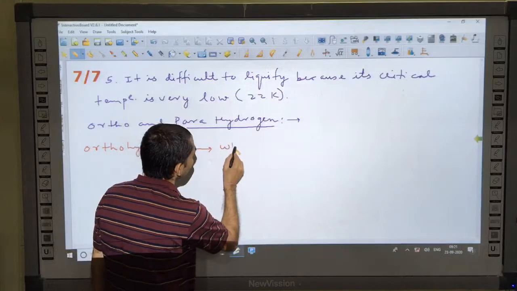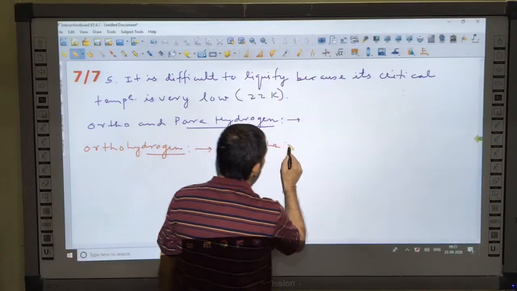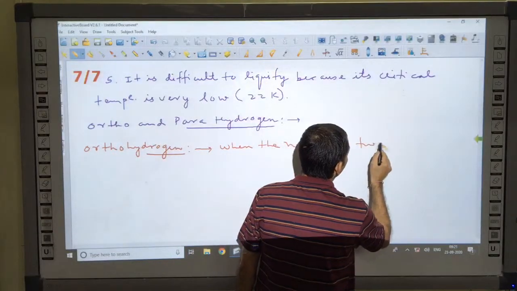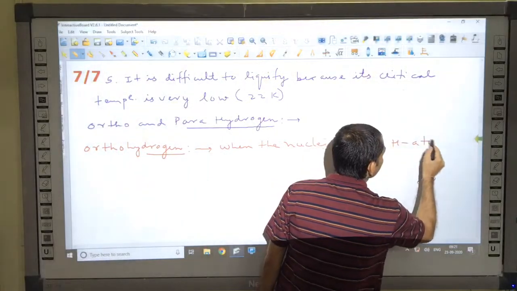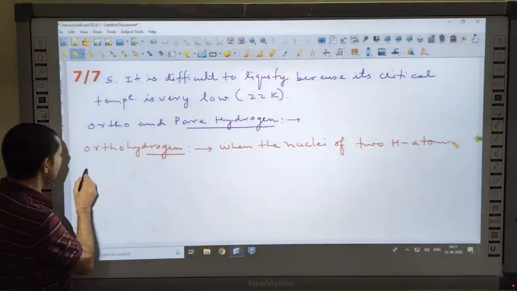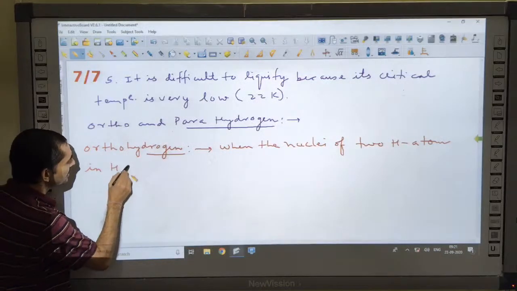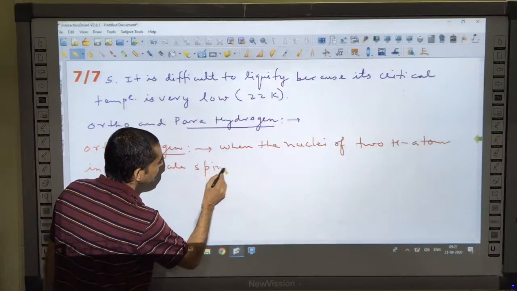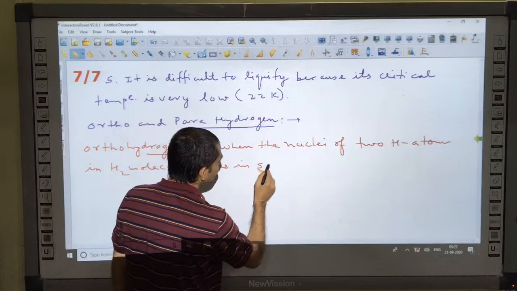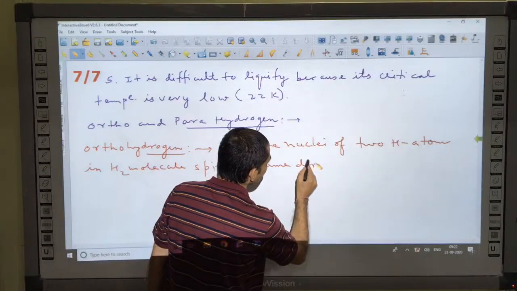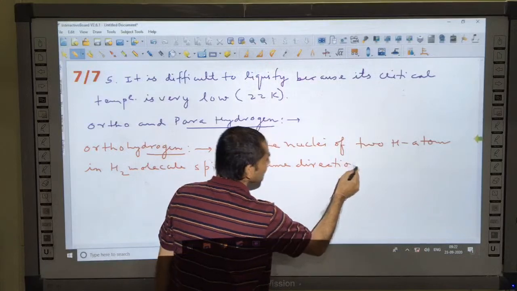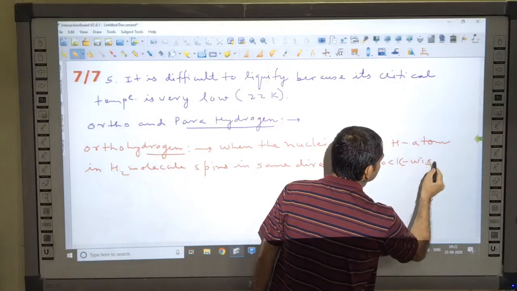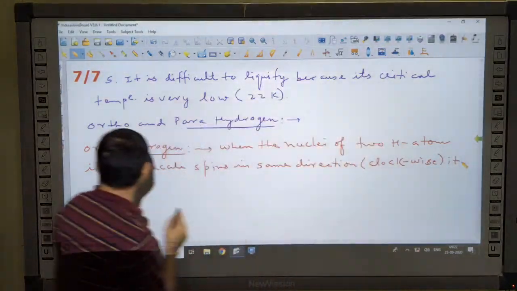When the nuclei of two hydrogen atoms in an H2 molecule spin in the same direction, that is clockwise, it is ortho hydrogen.